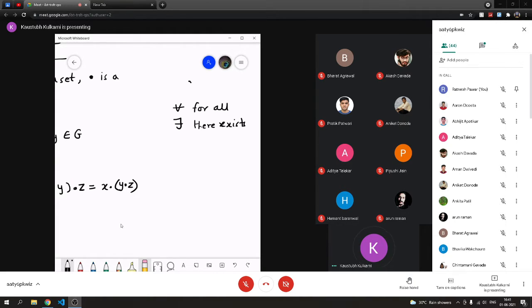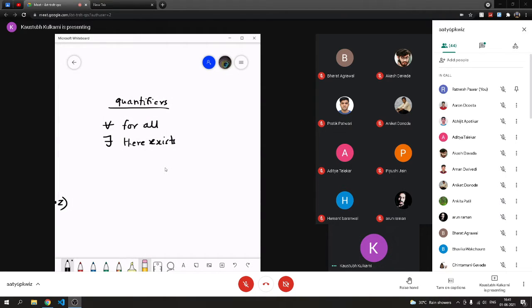These are called quantifiers. So this is the universal quantifier and this is the existential quantifier. Not a part of this subject, but it makes it easier to read and write.